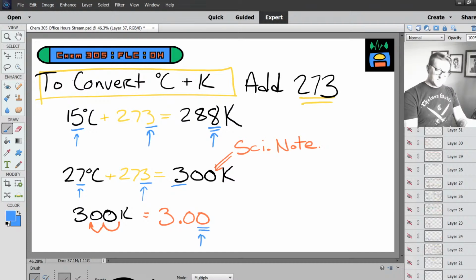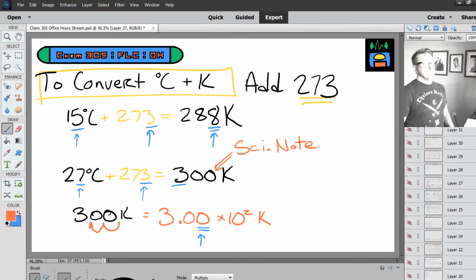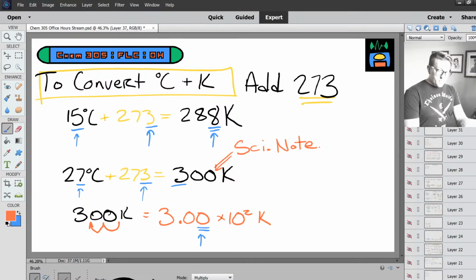Now our last sig fig is in the correct place, times 10 to the second power Kelvin. So the reason in this last problem that we had 3.00 times 10 squared and 4.00 times 10 squared is we needed to write 300 Kelvin with its last significant digit in the ones place. The only way to do that is with scientific notation.